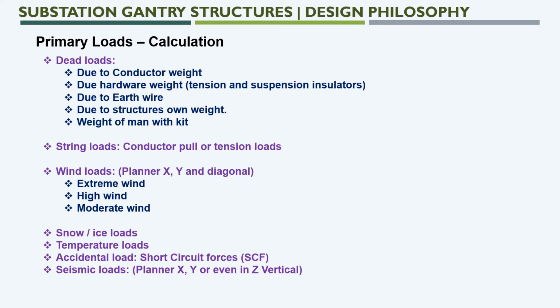So, calculation of primary loads. As I said earlier, these are the various primary loads to be considered. So dead load means it will happen due to the conductor's own weight, due to hardware weight, that is tension and suspension insulators, as we saw earlier in the picture, due to earth wire at the top of the tower, due to structure's own weight.